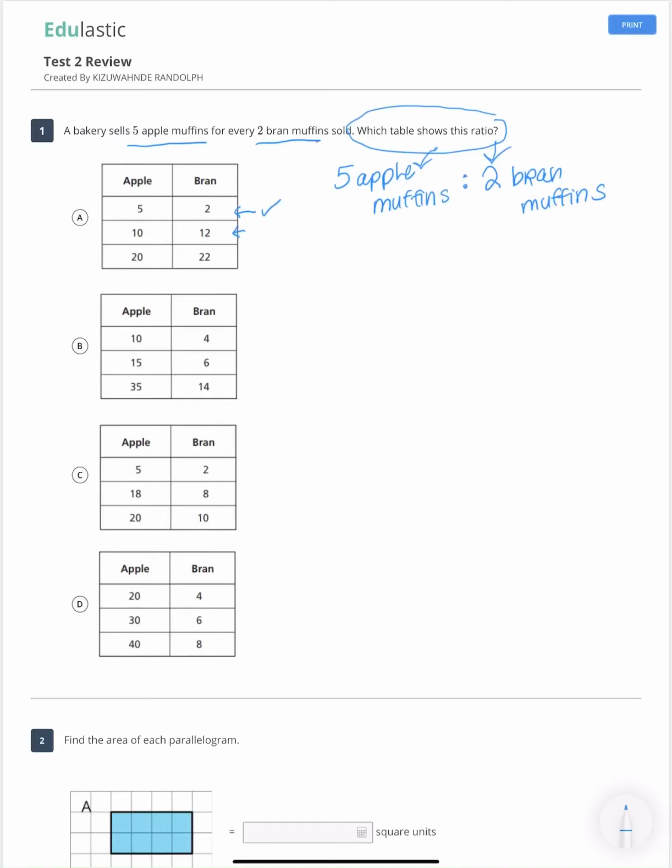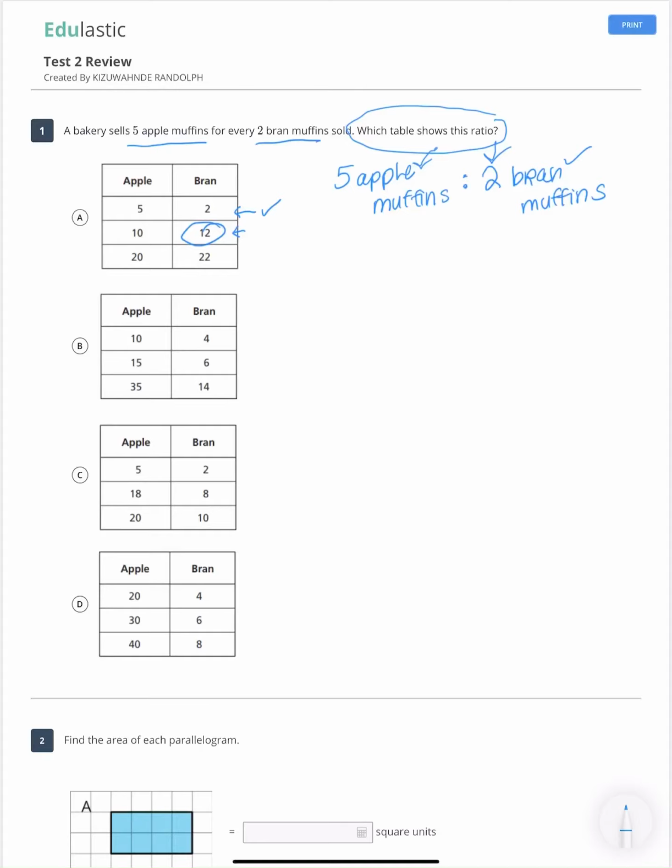Now, you can look at it different ways of how to determine if it's equivalent or not, but the first thing I recognize is that the column that represents the bran muffins is increased to 12. Well, if you look at the original ratio, the bran muffins was less than the apple muffins. In order for it to be an equivalent ratio, it still has to be proportional to the original ratio.